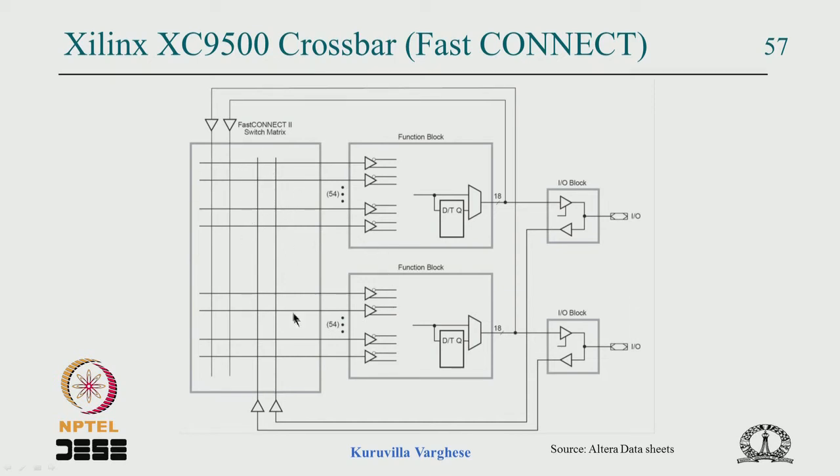So depending on how you design, how you code, these switch states will be decided. Basically your VHDL code will be converted into this kind of switch programming at the end. So that's the basic idea.